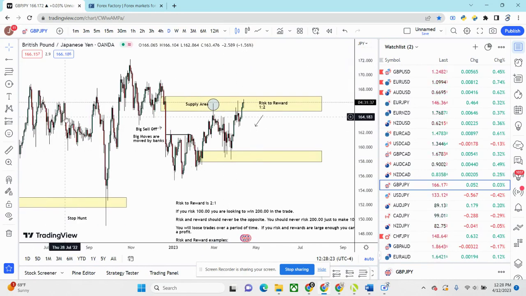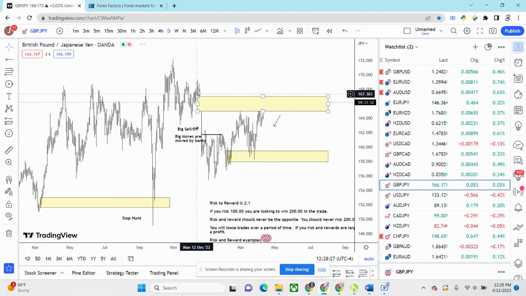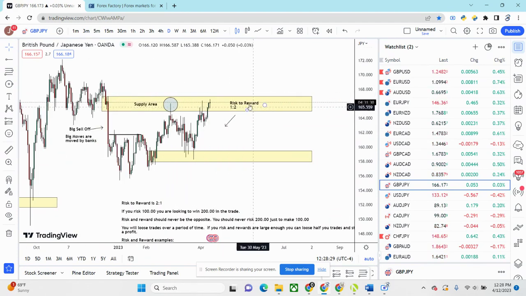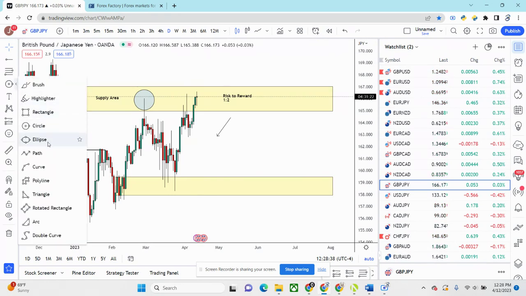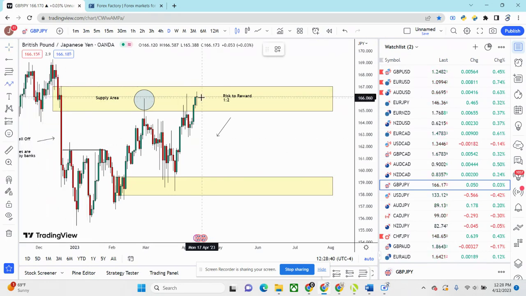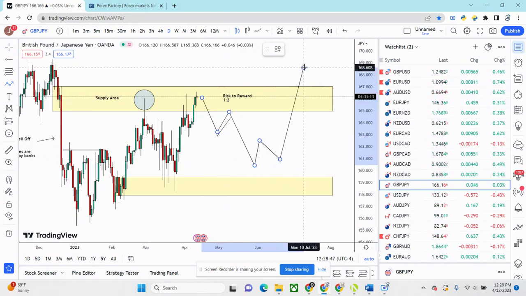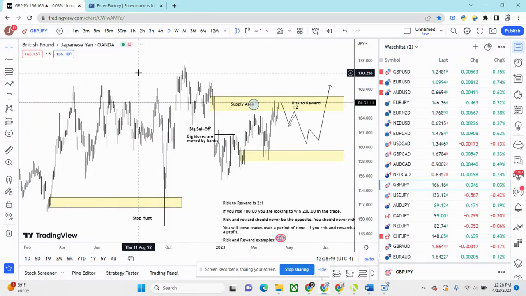So that's the British pound and the Japanese yen. So in my opinion, for this one, we see a doji starting to form here. This could be a balance. Possibly a push down to go back up, to keep going up.